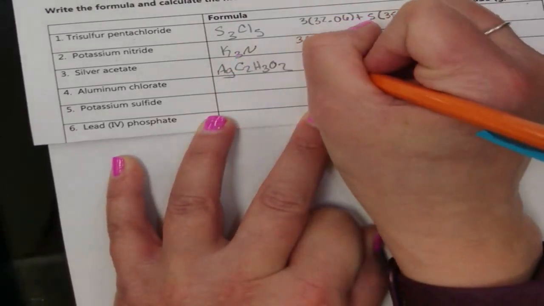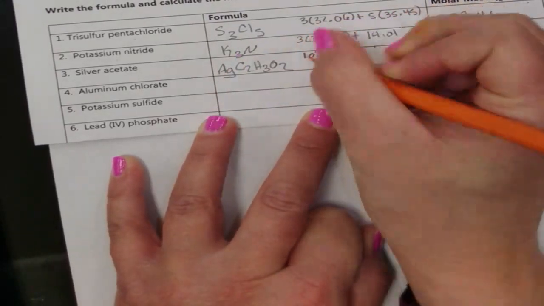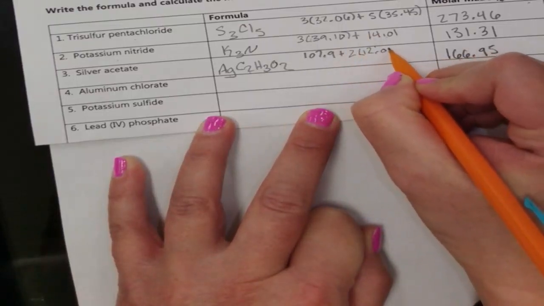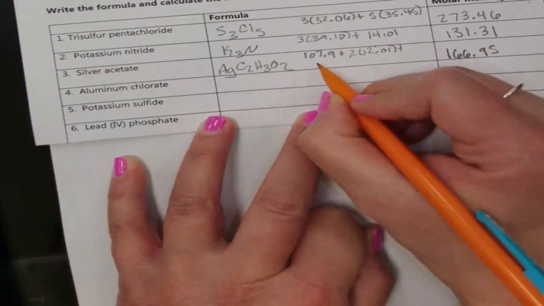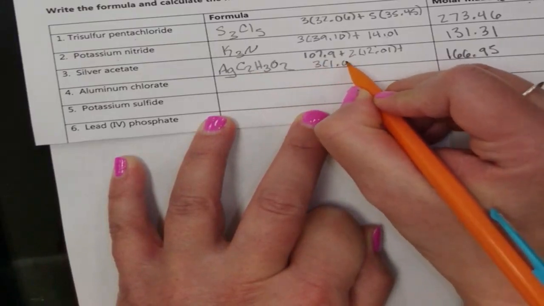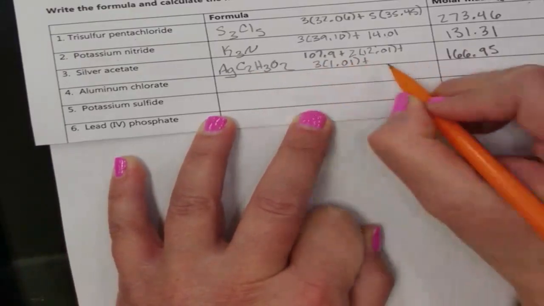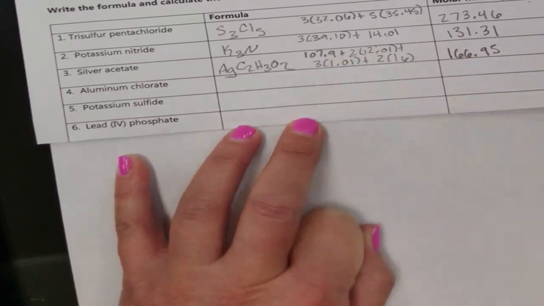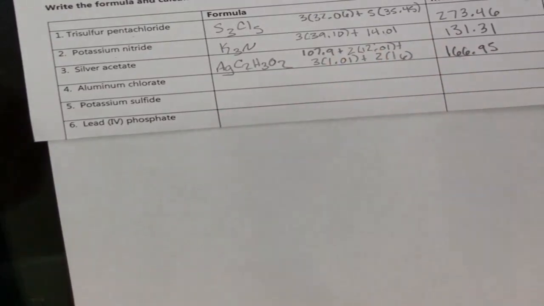Silver is 107.9. I have 2 carbons at 12.01. I have 3 hydrogens at 1.01, and I have 2 oxygens at 16. All of these masses came from the periodic table.